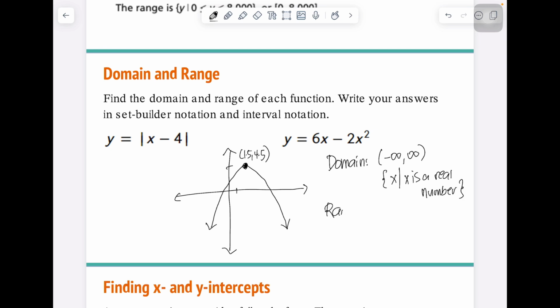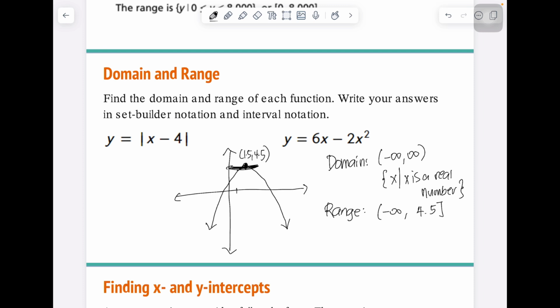And the range starts from what y? It's 4.5, right? But it should start with the lowest, which is negative infinity, going to 4.5.